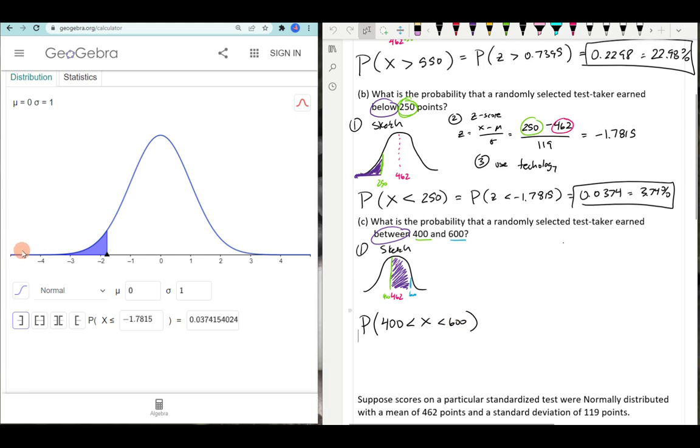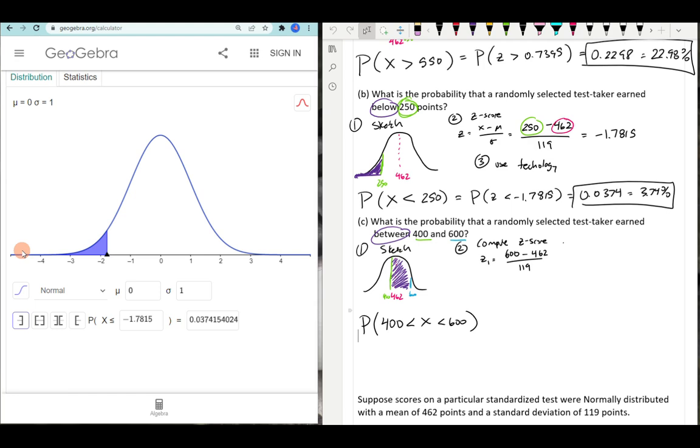So the next step to find my calculations is to compute some z-scores. Here, because I have two data observations, I'm going to have to compute two z-scores. It doesn't matter which one you compute first. I usually compute the larger one first for no particular reason. So we do 600, the data value, minus the mean, 462, divided by the standard deviation.